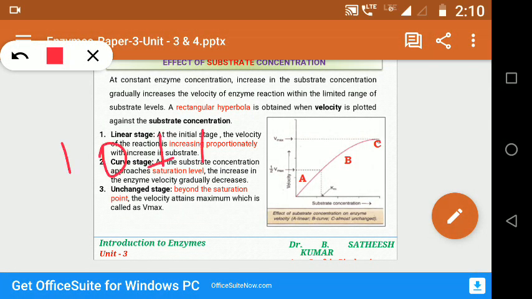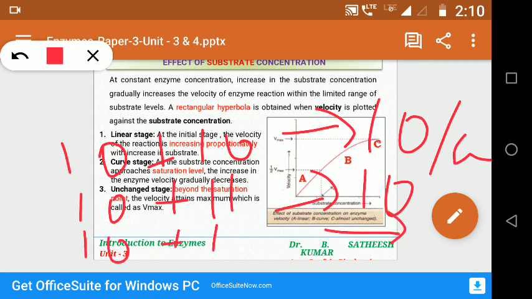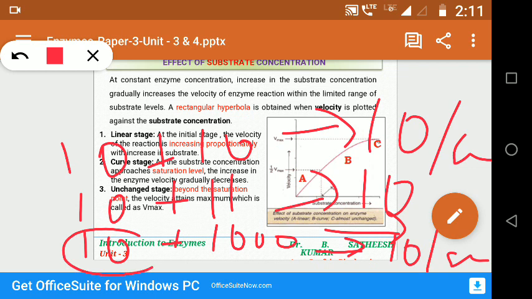If we use 10 molecules of substrate, it will be 10 molecules of product per second. If we use 11 molecules of substrate, it will still be 10 only, so that means it has reached a maximum. Even if we use 1000 molecules of substrate, it will still be 10 molecules per second only, because we have only 10 enzyme molecules.